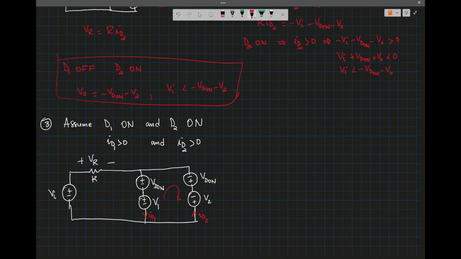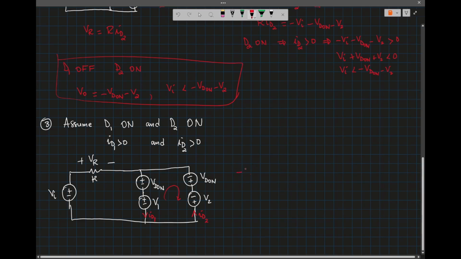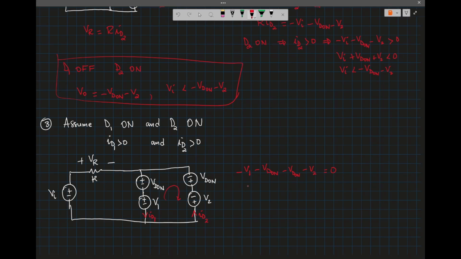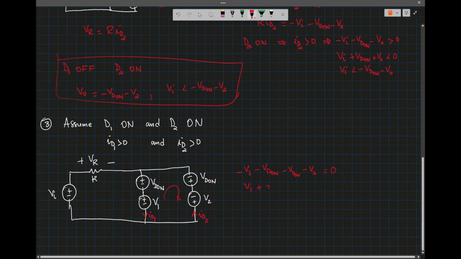Starting from the bottom, I have negative V1 minus VD on, and then minus VD on, and minus V2, is equal to 0. So that means V1 plus 2 VD on plus V2 equal to 0.